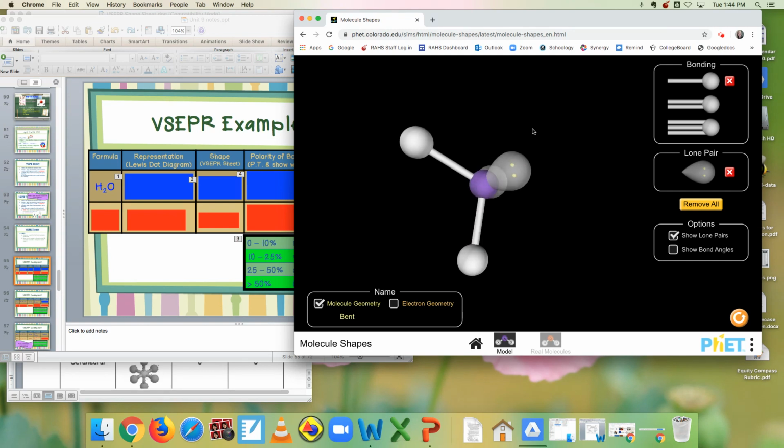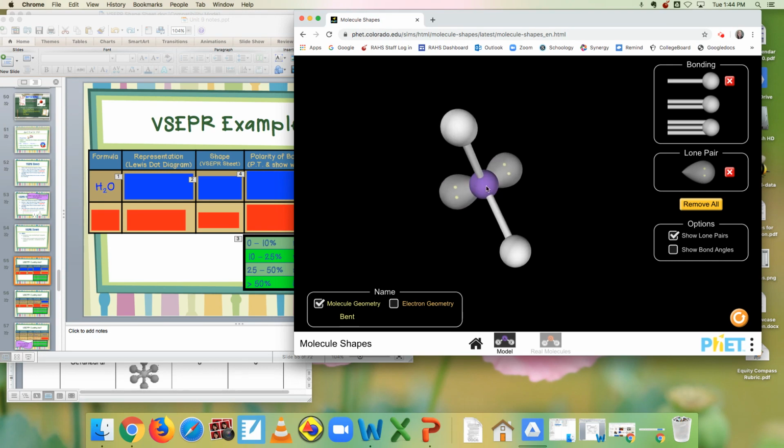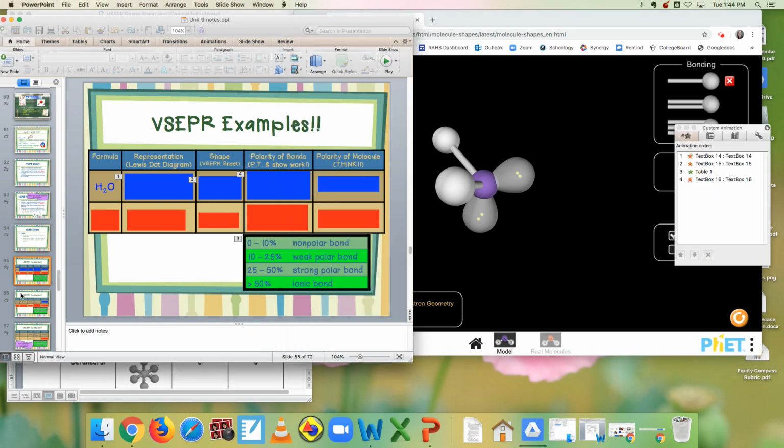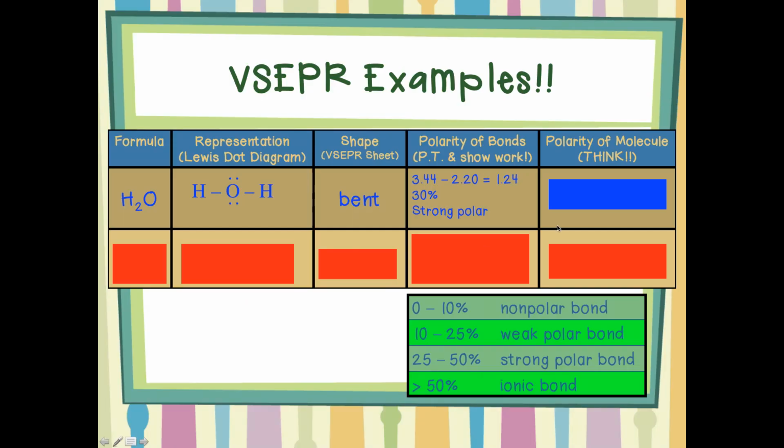So again, you're thinking about rotating the molecule. Is it the same in every direction? And it's not. So because it's not the same in every direction, that means that the whole molecule is polar. So because the bond was polar and the molecule was a bent shape, then the whole molecule becomes polar.